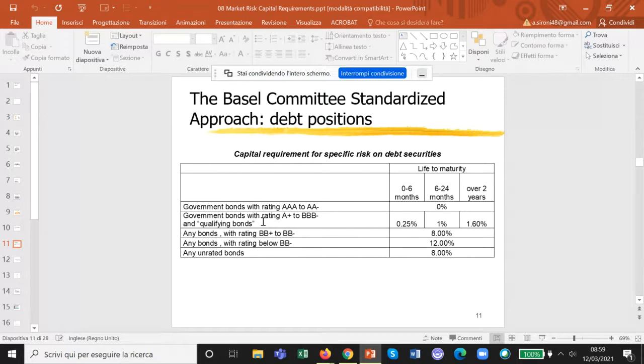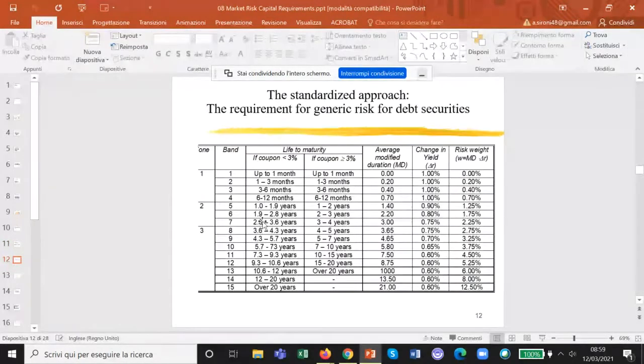And of course, as you can see, different risk weights depending on the residual life and the rating, okay? For generic risk for debt securities, remember we said the generic risk for debt securities is actually interest rate risk, okay?